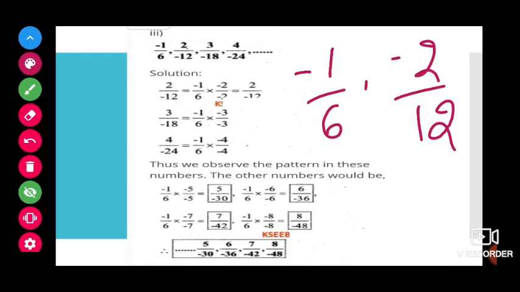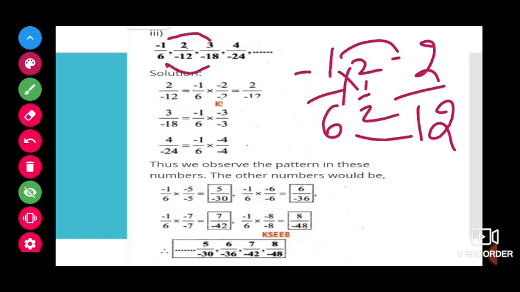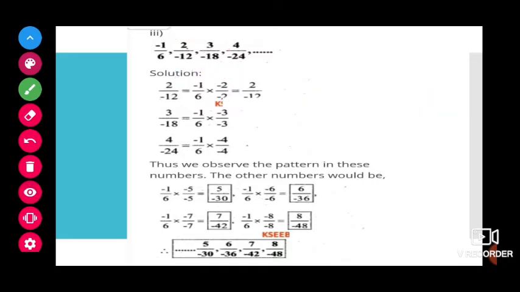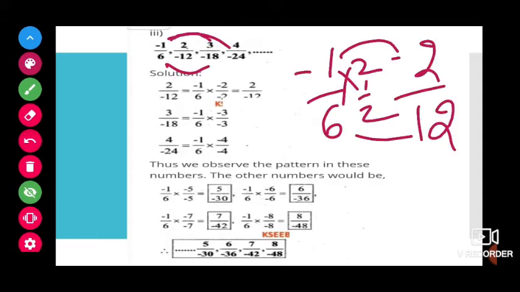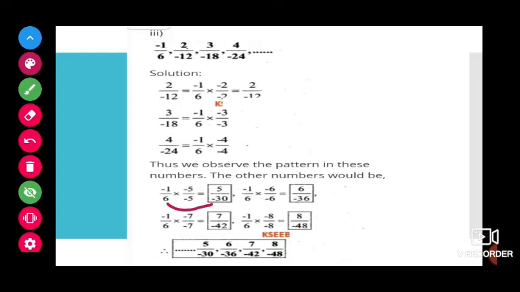Now what is multiplied to get minus 2 by 12 is into 2 by 2, isn't it? So same way the next one we will get if we multiply with 3 by 3. The next number we will get by multiplying with 4 by 4. So next automatically the series will continue as multiply with 5 by 5, next 6 by 6, next 7 by 7, next 8 by 8.